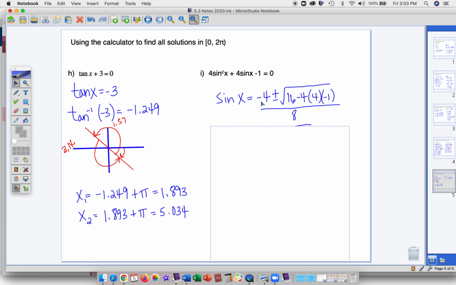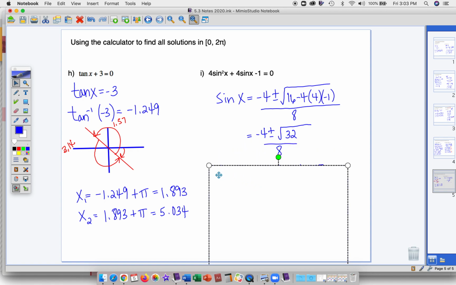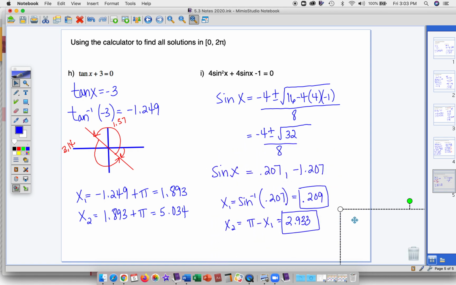So we're going to calculate -4 plus or minus the square root of b squared minus 4ac all over 2a. Now when you're doing this, don't even worry about simplifying the radicals. Right? We want a decimal. So just plug that in, -4 plus root 32 and divide that by 8. That gives me this sine function value right here.